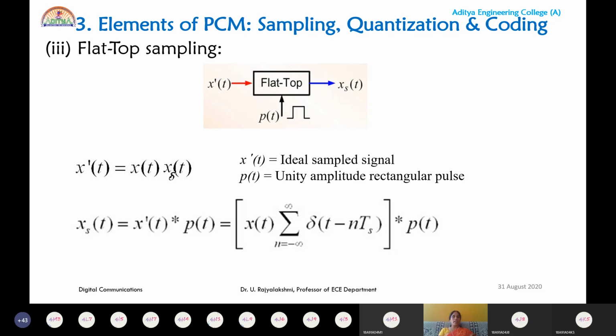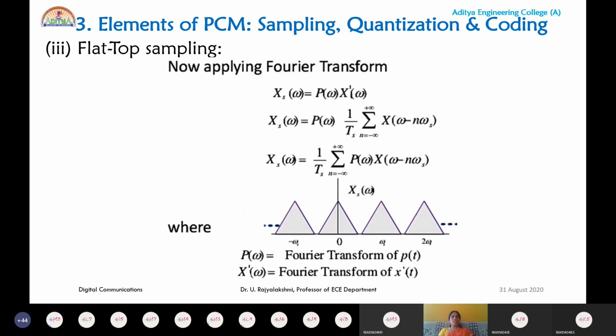It is the product of the Fourier transform of x dash of t and the Fourier transform of the rectangular pulse. How can you obtain the Fourier transform? Just by taking the product of the Fourier transform of the ideal sample signal, that is x dash of omega, into p of omega.